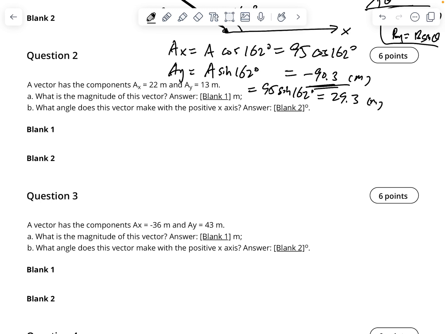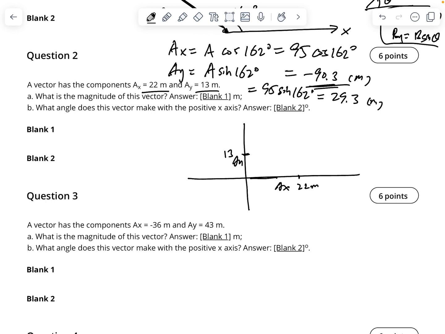All right, number 2. A vector has components Ax equal to 22 meters and Ay equal to 13. So this is Ax, 22 meters, and this is Ay, 13.